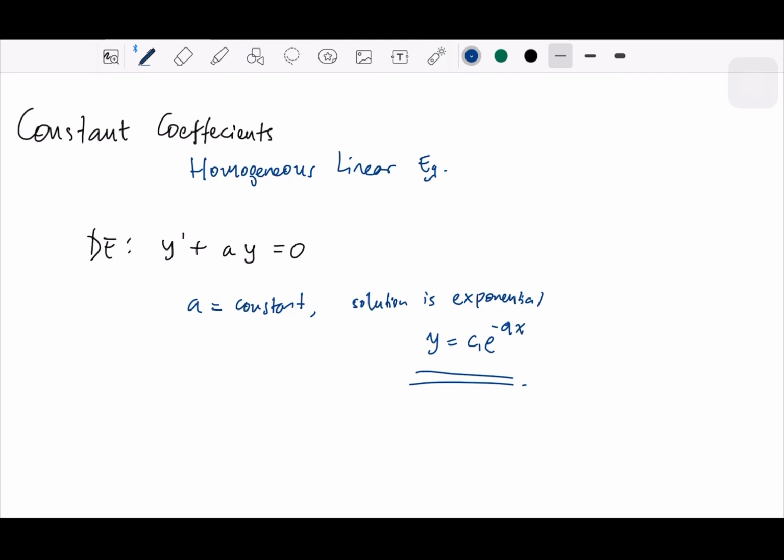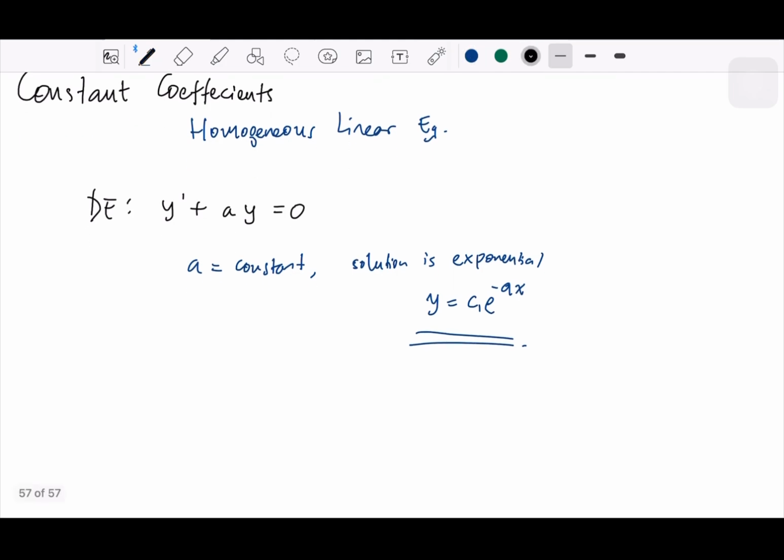Now from here, we could also think that when we have the general expression, let me write the general forms for the higher order differential equations.